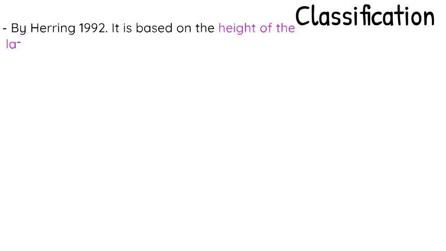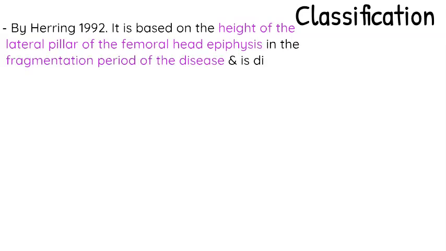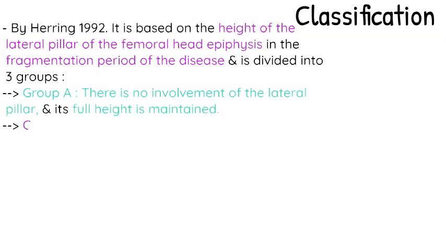Another classification by Herring, 1992. It is based on the height of the lateral pillar of the femoral head epiphysis in the fragmentation period of the disease and is divided into 3 groups. Group A, there is no involvement of the lateral pillar and its full height is maintained. Group B, height loss is less than 50%.